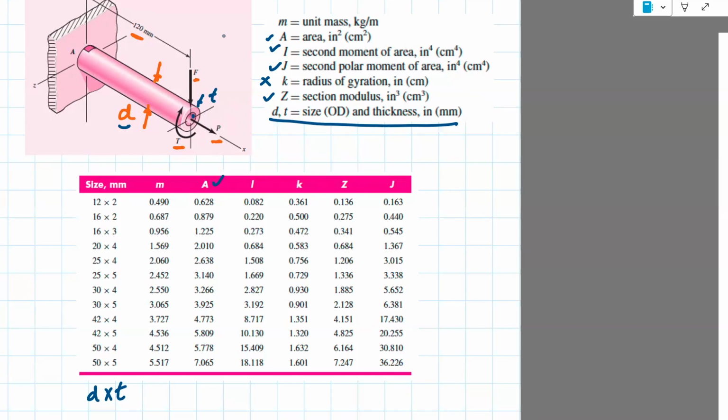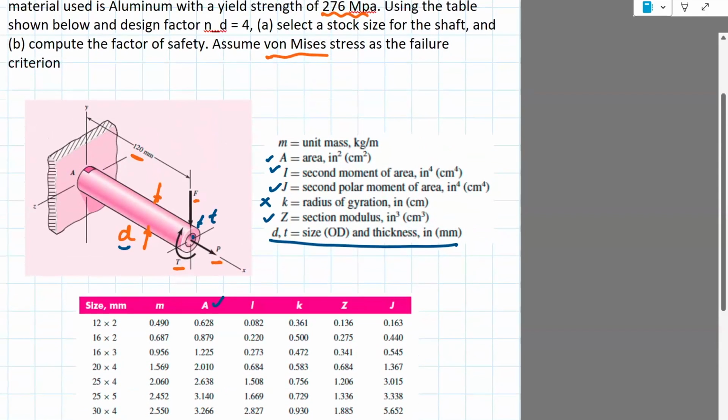So what we'll try to do here is compute the von Mises stress. That's the first step. And hopefully that von Mises stress is going to be a function of all these parameters, A, K, A, I, J, and then for each of those values we'll get a design von Mises stress. Based on that, we would figure out which stock size will give us the appropriate factor of safety. What's given here is nd equals 4, and the yield strength is 276.